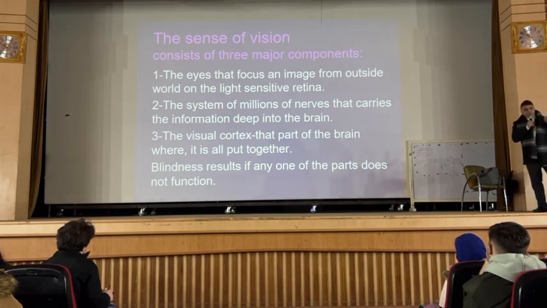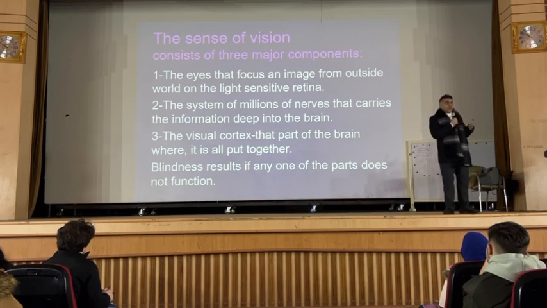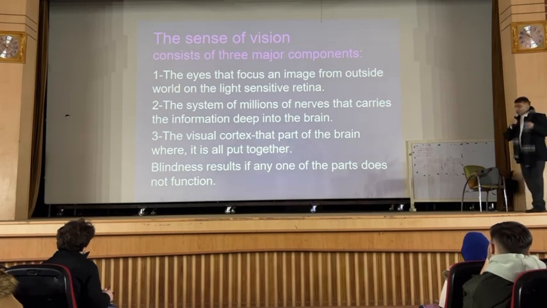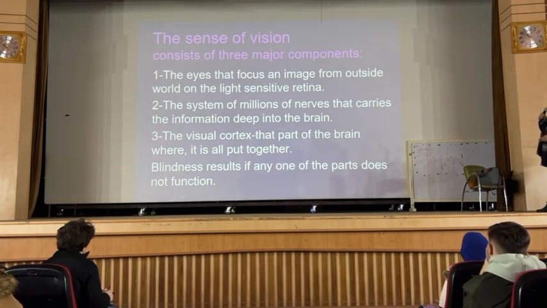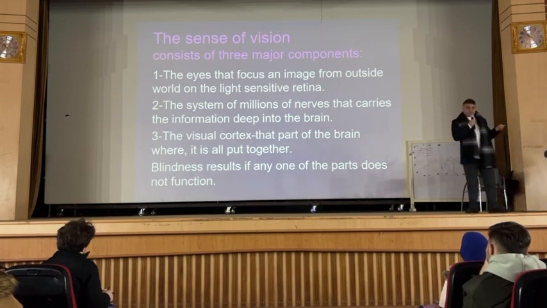From the retina, there will be nerve fibers that transmit these impulses, these sensations, to the brain. Third, the visual cortex, that part of the brain, the occipital cortex, where it is all put together. Blindness results if any one of the parts does not function: either the eye, the transmission, or the cortex.